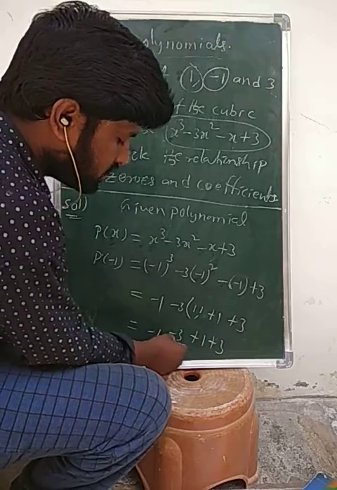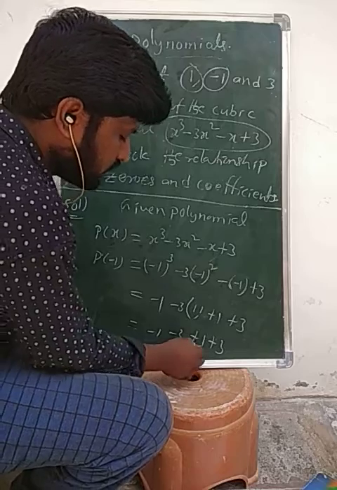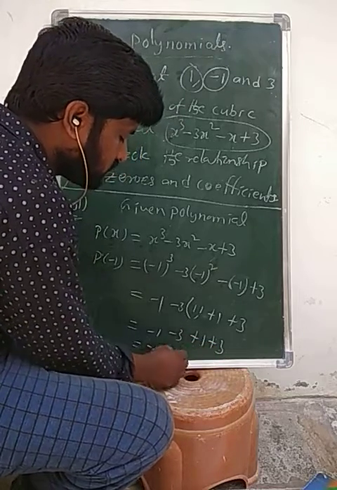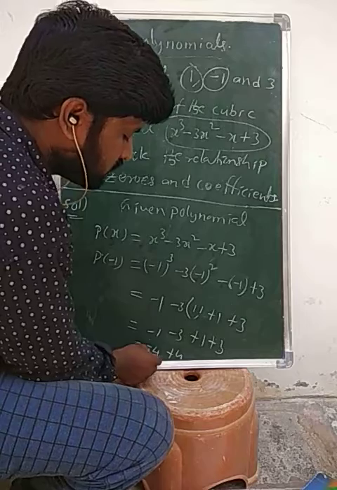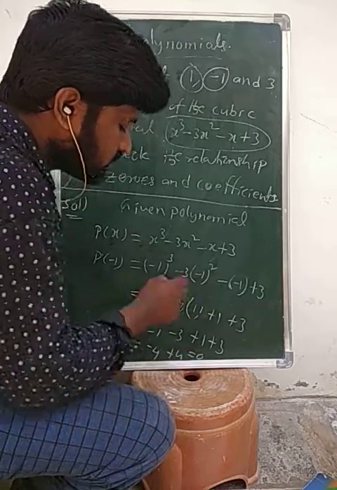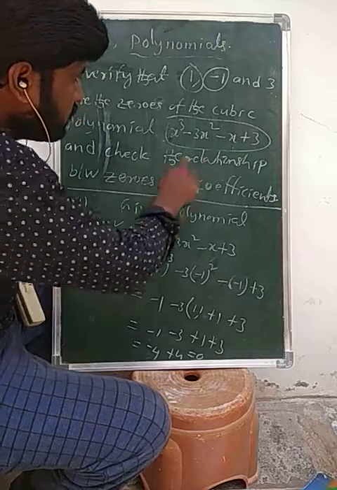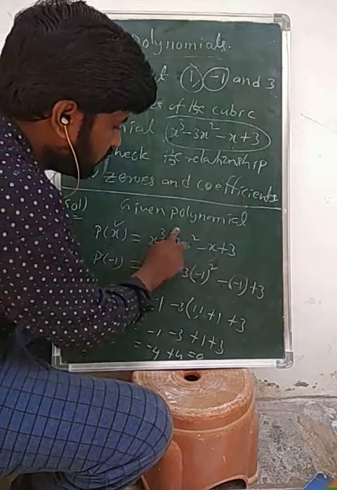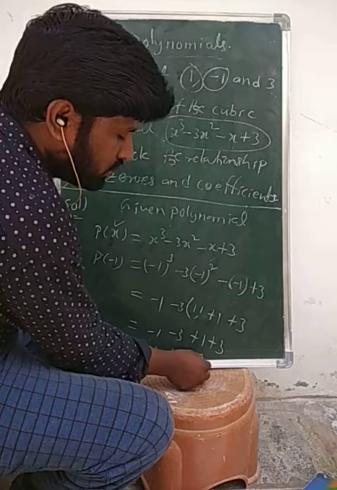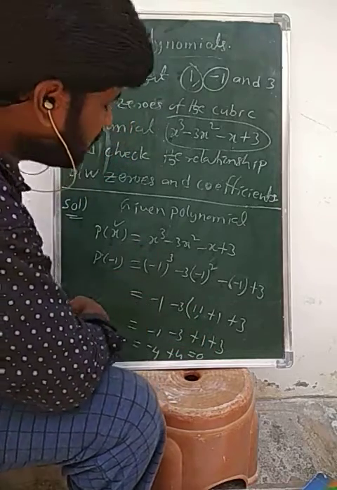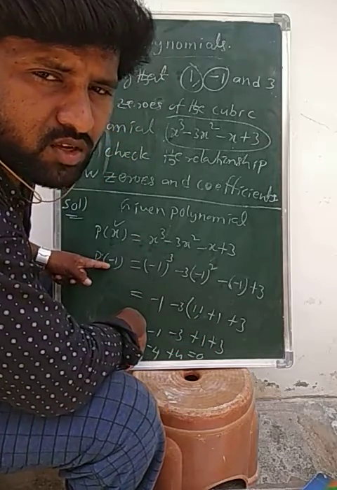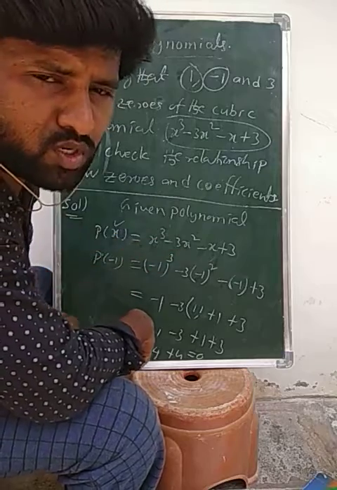Minus 1 minus 3 that is minus 4, plus 1 plus 3 that is plus 4. Minus 4 plus 4 becomes 0. If I replace x with minus 1, the value of the polynomial becomes 0. Therefore we can say minus 1 is also a zero of this polynomial.